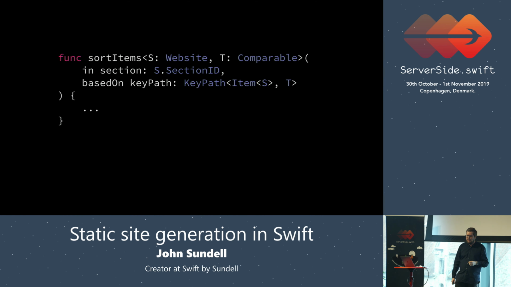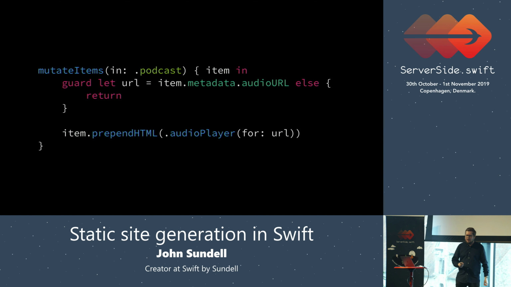Let's take a look at another example. Here we're mutating all the items within a given section. So we're calling this function mutate items in the podcast section in this case. We get the item in, which is a representation of that page or of that content item. We're then unwrapping its audio URL, which is again site-specific metadata. Audio URL is not part of the static site generation process.